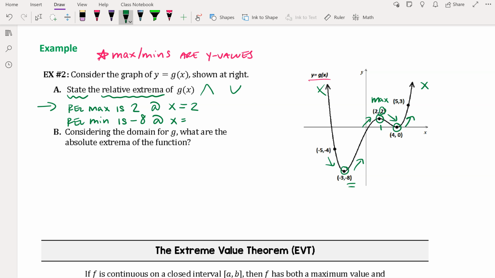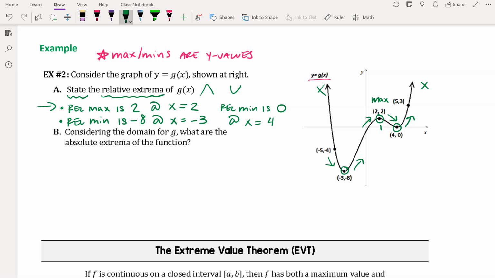So I'm looking at the y value at x equals negative 3. Or you could have said relative min is 0 at x equals 4.